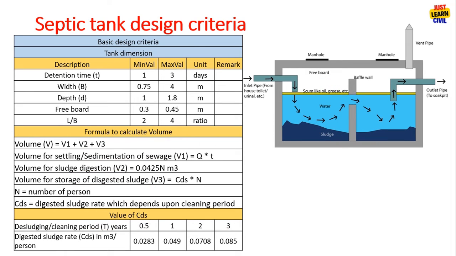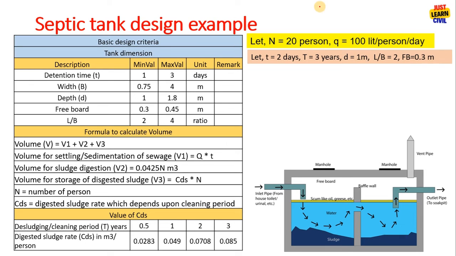Now depending upon this design criteria, we will design the septic tank. Let us design for n equals 20 persons and the sewage input equals 100 liters per person per day. Assume this variable a value within this range.